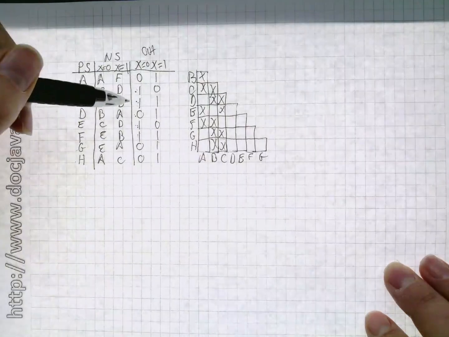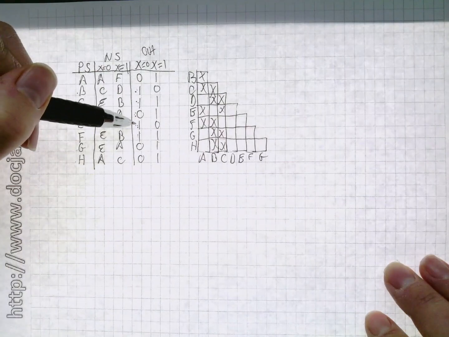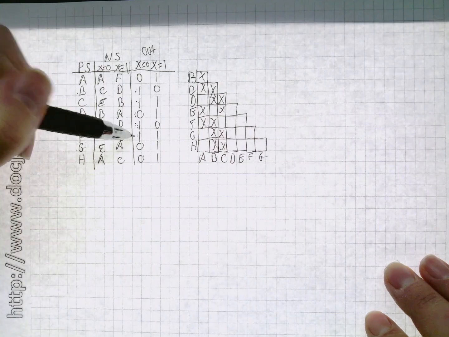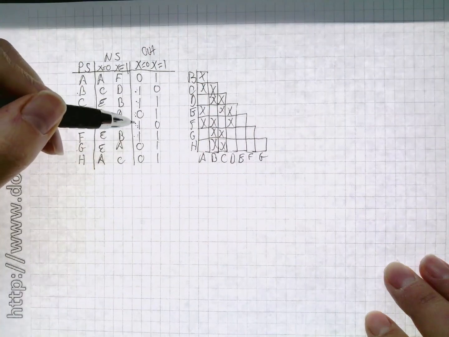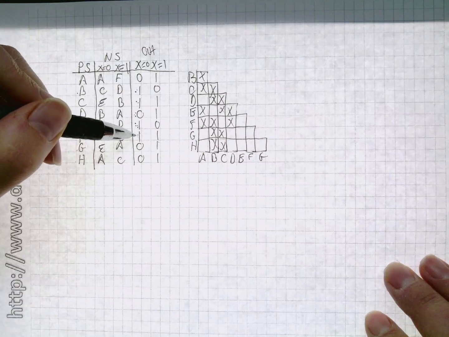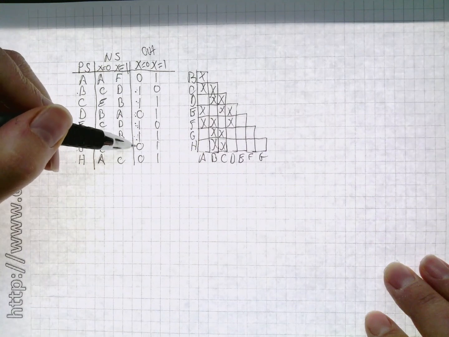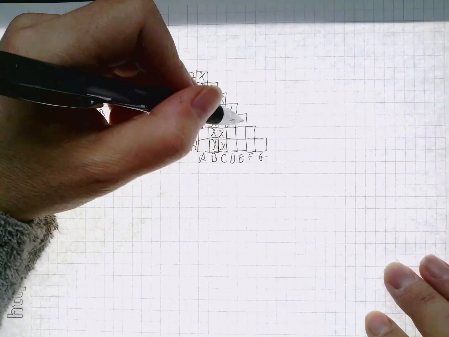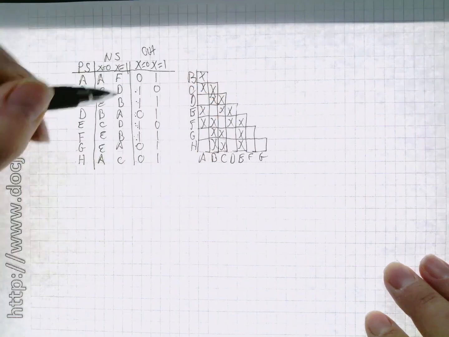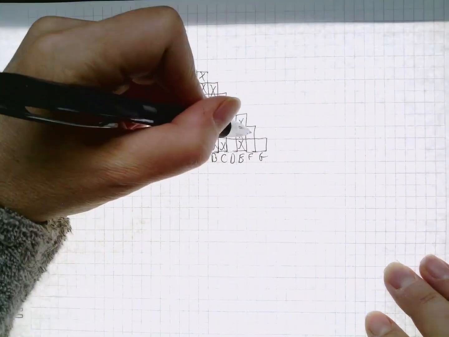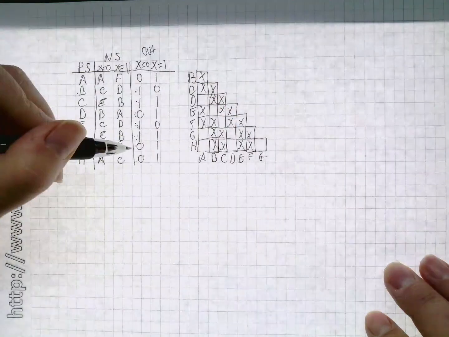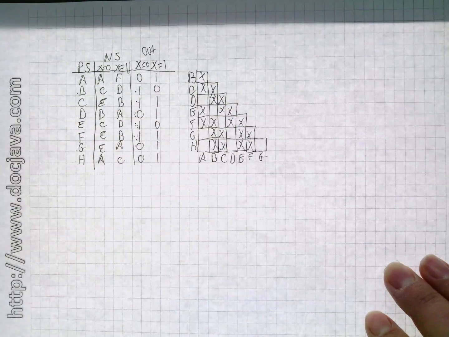D, we're up to D now, is not going to be equal to E or F. E is not going to be equal to F, A, G, or H. F is not going to be equal to G or H. G might be equal to H. And so that's what we have so far for trivial reductions.